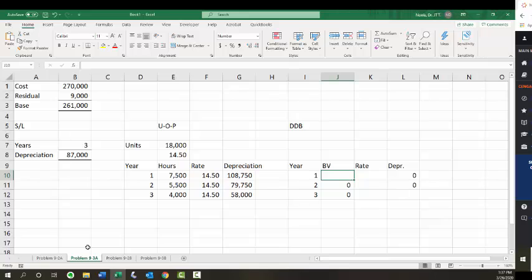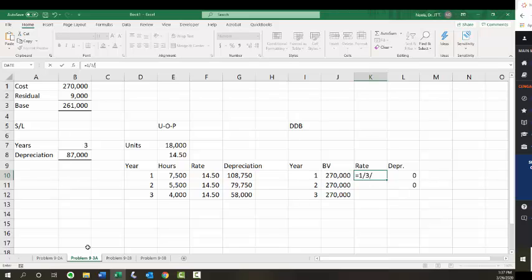Okay, so we have once again 1 divided by 3 times 2. Oops, not that. The book value is going to be here. The rate is going to be 1 divided by 3 times 2, or 1.6667.